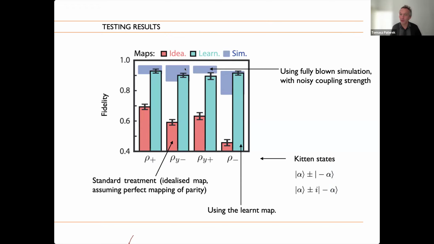This is a fully blown quantum simulation where you put into your master equation, which is the underlying tool that one uses here, all the parameters of the setup that have been measured: the coupling, the frequency of the qubit, the cavity decay, and so on and so forth. Even these fully blown simulations have certain errors, so sometimes we are even better than that. And here there is nothing put in. We learn this process. This machine is capable of reconstructing this process.